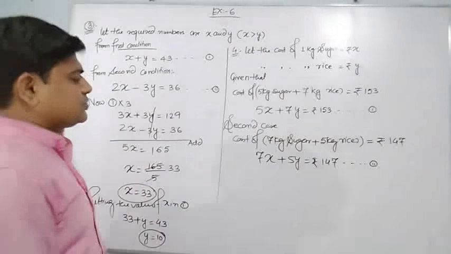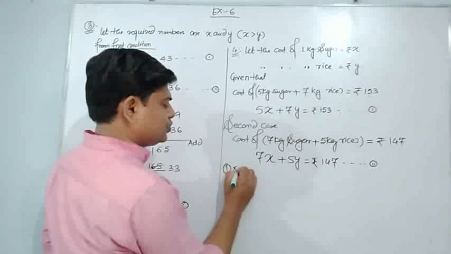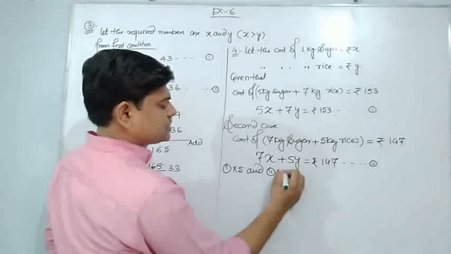Okay, so what should I write? Now I want to eliminate y here, so I multiply the first equation by 5 and the second by 7.